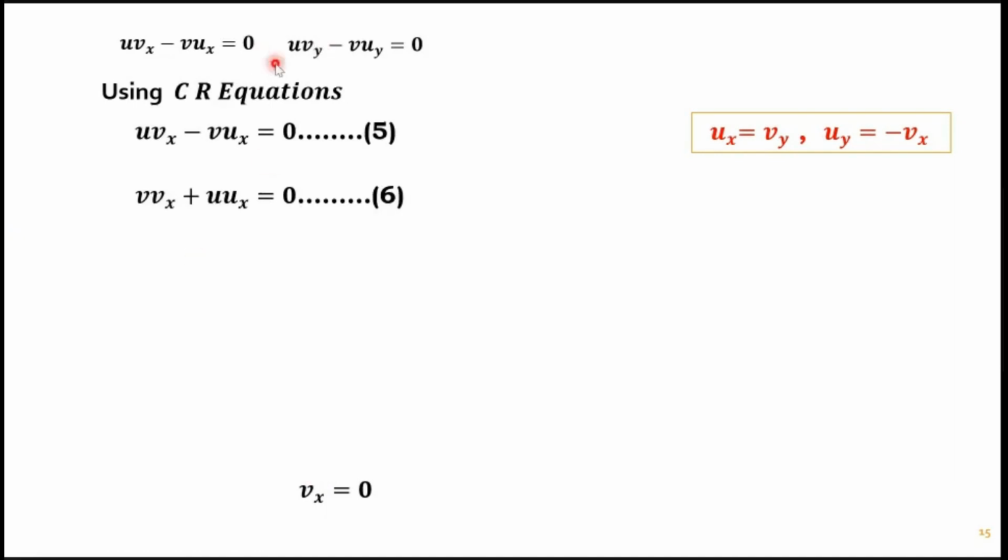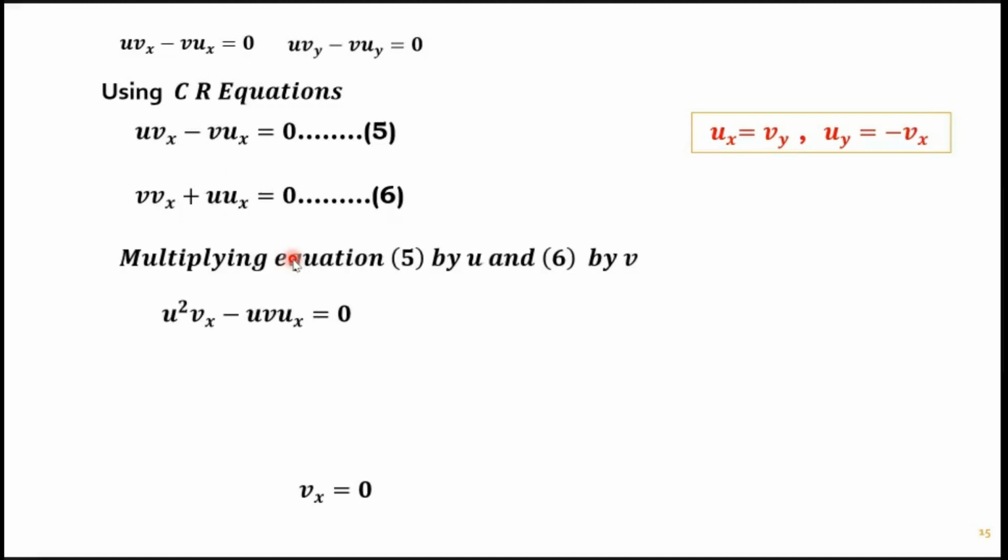After replacing Vy by Ux, I have written below Ux. Uy by minus Vx, I have written below Vx. And then multiply equation 5 by u. The same thing we have to again solve. Same equation as in the previous problem we will get. Multiplying equation 5 by u, 6 by v.